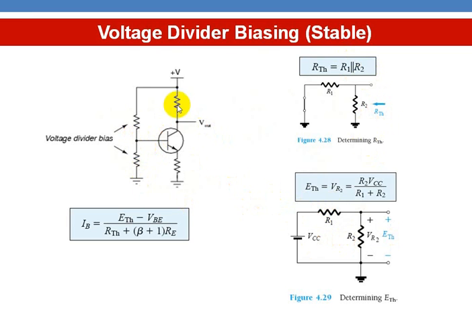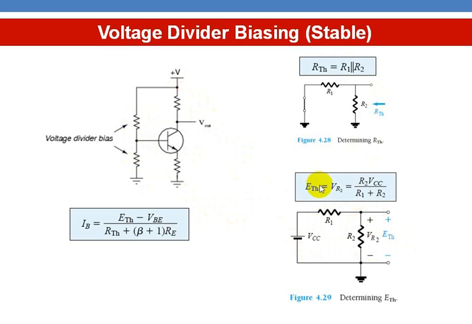You can get this expression: ETH is equal to VR2. VCC is the voltage connected across the two resistances R1 and R2, so ETH will be equal to VCC times R2 by R1 plus R2.